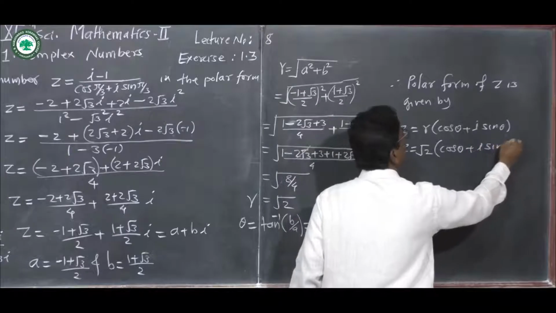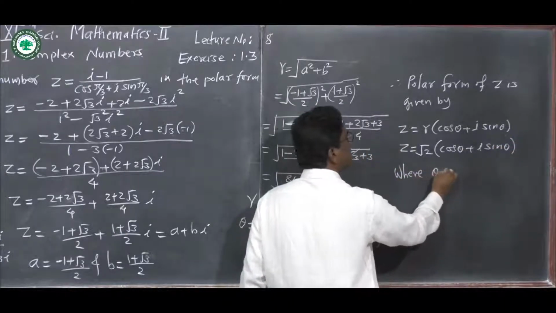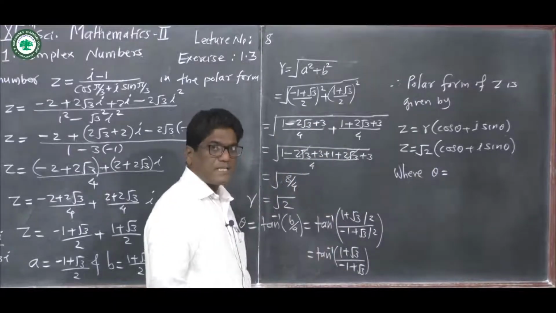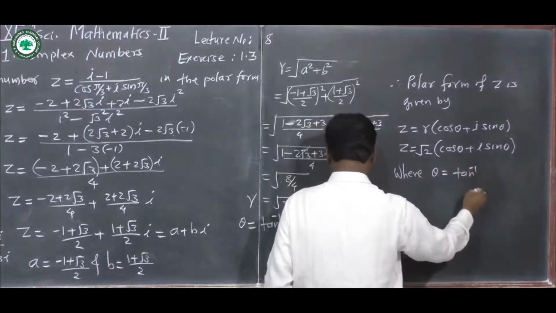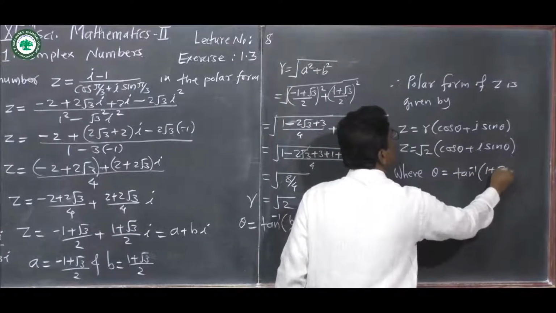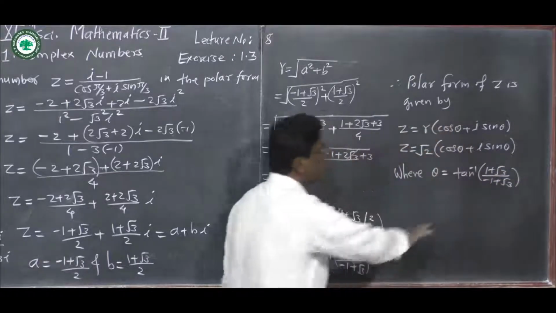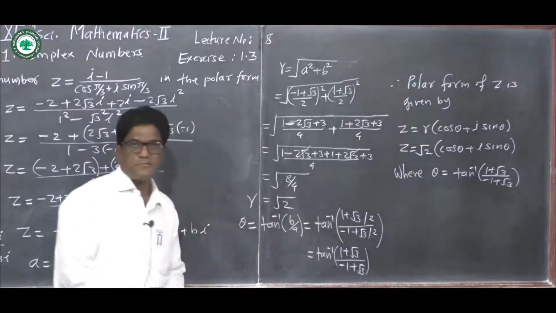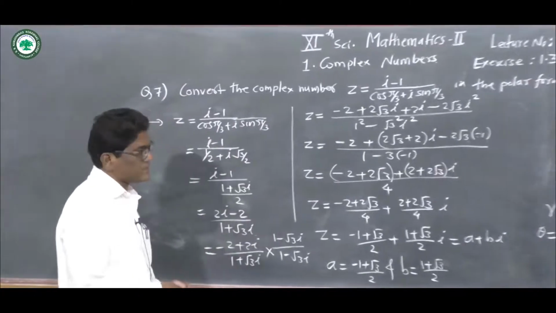This is the polar form where theta is equal to, because theta here is not a standard value, so we write theta as it is. That is where theta is equal to tan inverse of 1 plus root 3 divided by minus 1 plus root 3. This is the required polar form. So copy this solution. So in this way we have completed question number 7.